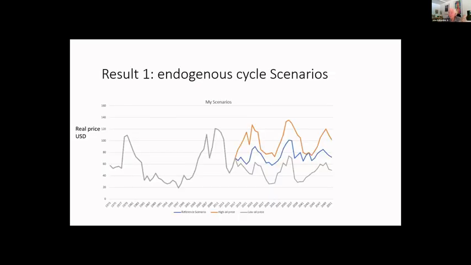So out of this model and this framework, we run that, and guess what? We can generate price cycles because of the behavior of these different agents.